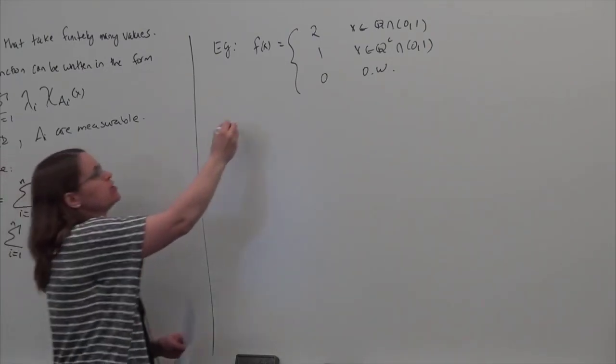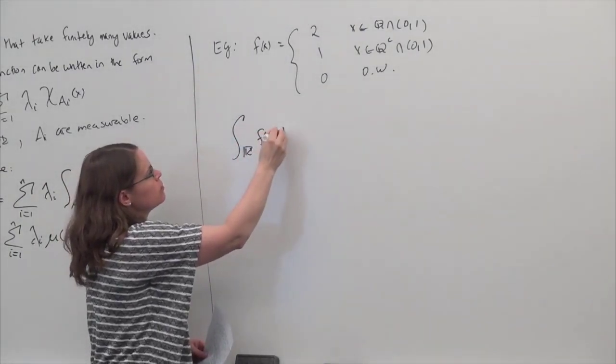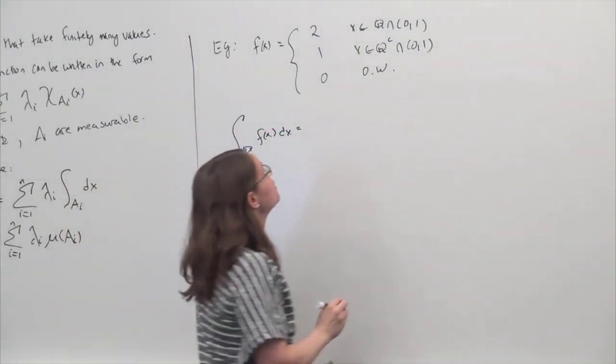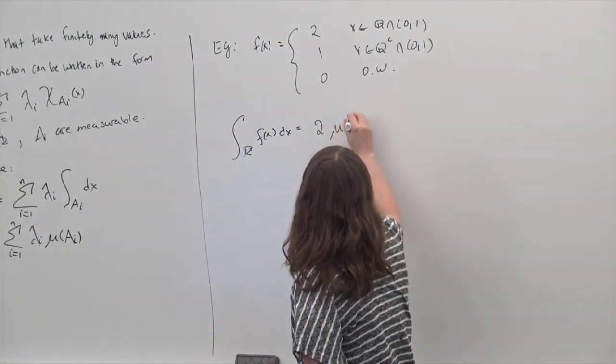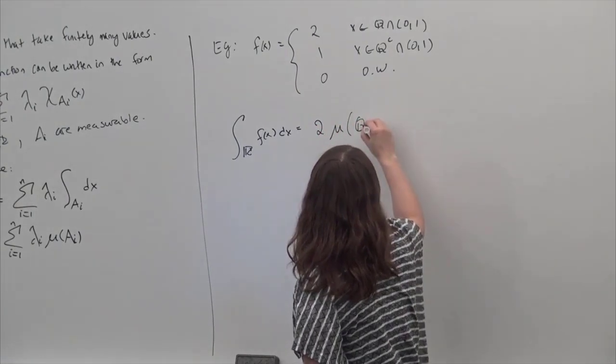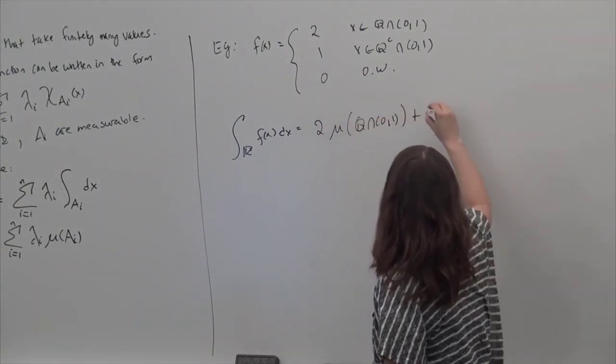Okay, and then if we try to integrate this, well, then we just have 2 times the measure of this set. Plus 1 times the measure of this set.